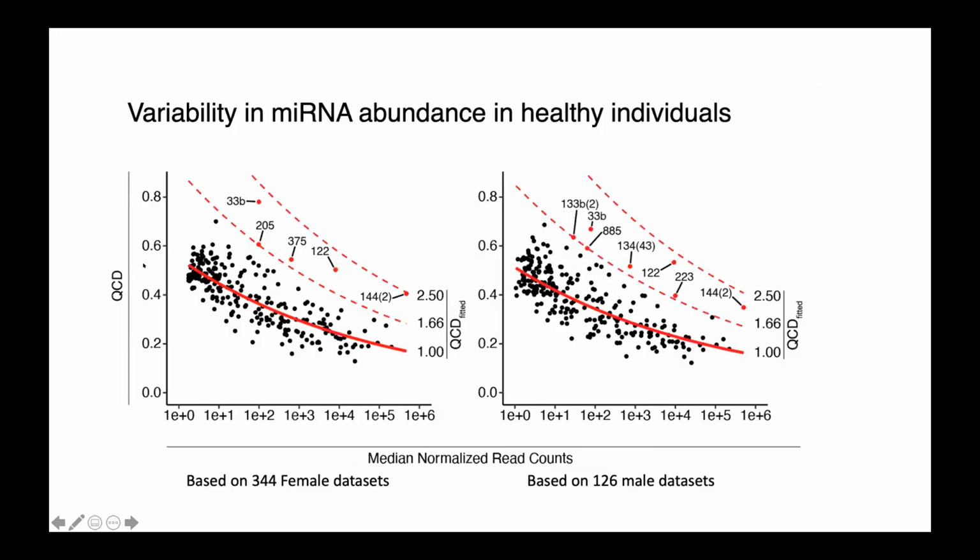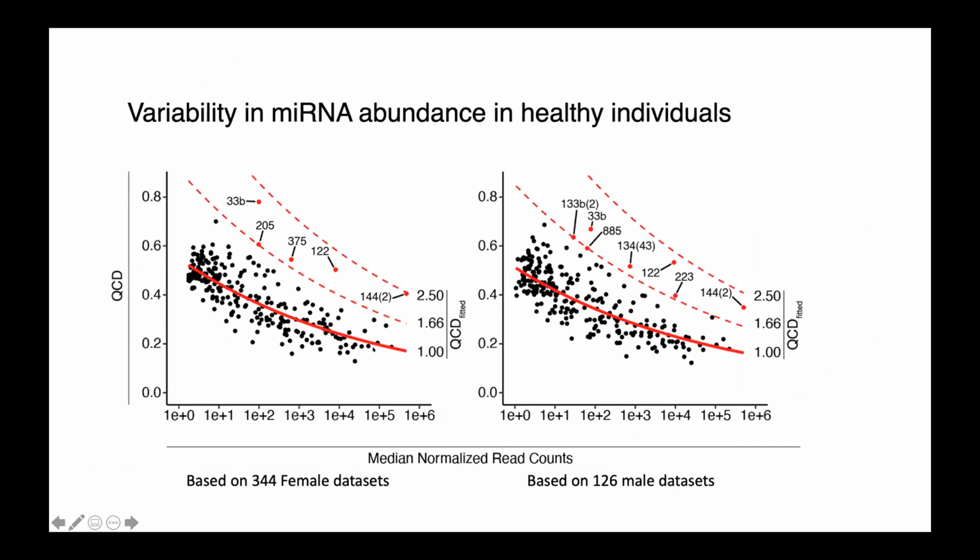Now, in order to define normal variability amongst the group of the normal healthy individuals, we did classic statistical analysis and computed the quartile coefficient of dispersion, which essentially relates the interquartile range to the mid-hinge, which is something like the median normalized count.